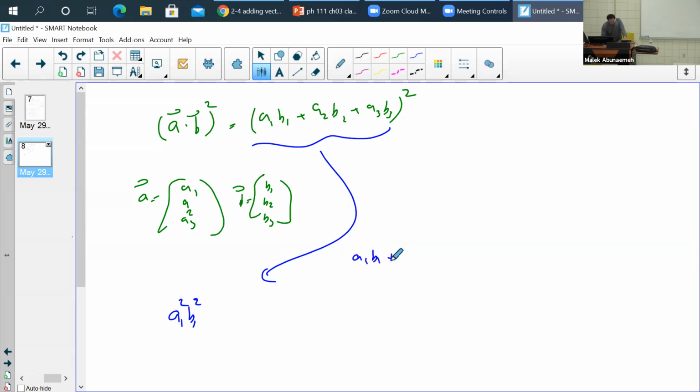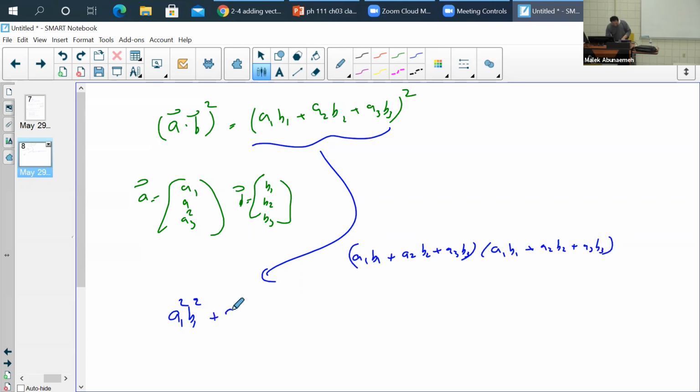A1B1 plus A2B2 plus A3B3, multiplied by A1B1 plus A2B2 plus A3B3. It's just easier to visualize like that.